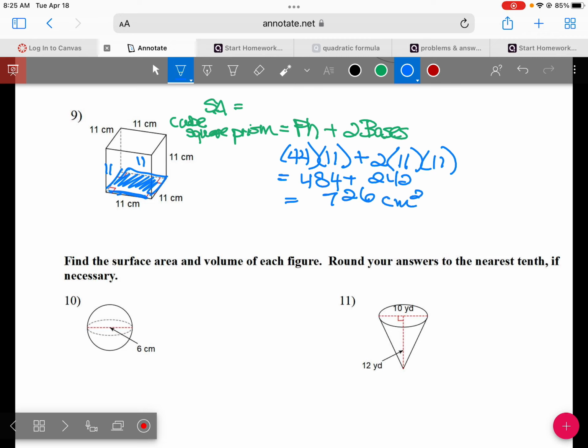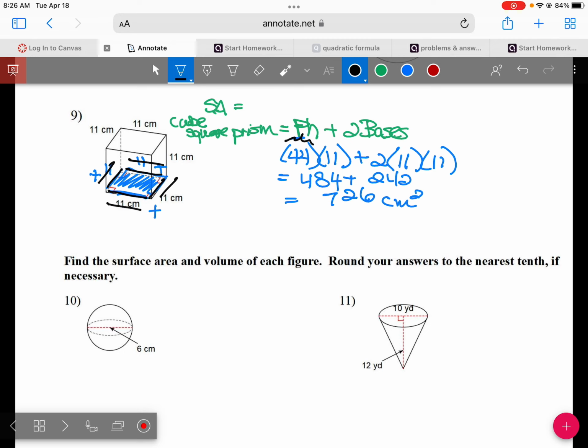But I'm going to show you a different method. 44 is the perimeter. So it was 11 plus 11 plus 11 plus 11. The distance around the base. Good question. That's your perimeter.